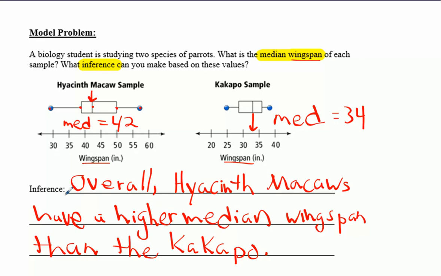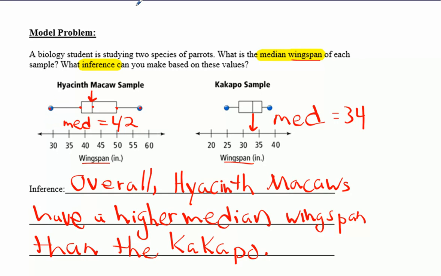Overall, and we like to start with that phrase because in some instances, if you look at the lowest extreme here, it's almost, I would say maybe 29. So in some instances, a kakapo bird might have a larger wingspan than some hyacinth macaws.